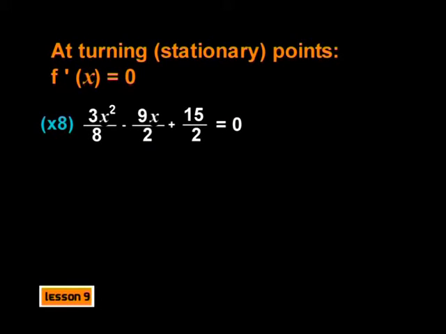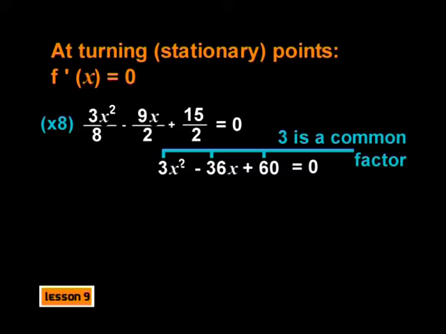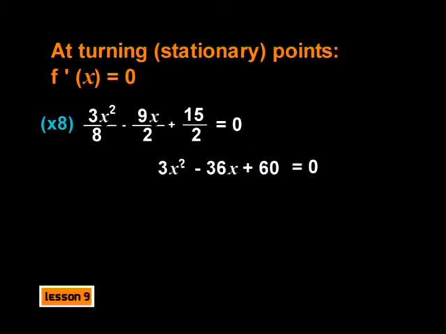If I multiply this equation by 8, I will lose the denominators and get an equation where 3 is clearly a common factor. So let me divide the equation by that.